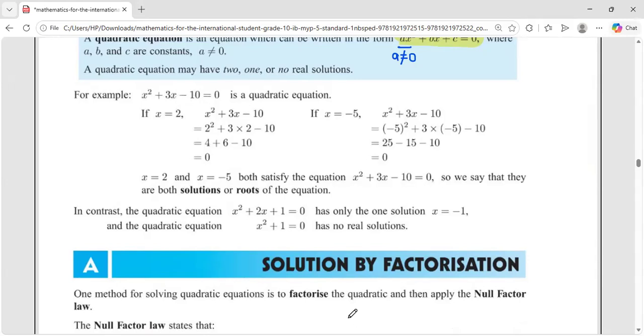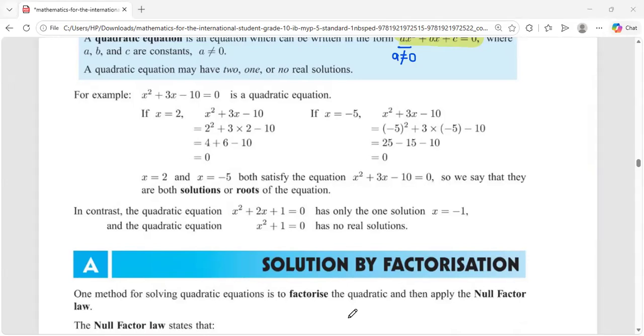Let me show you how these things actually work, so we'll move on to a blank page. Let's understand solving a quadratic equation like x square plus 3x minus 10 equal to 0.